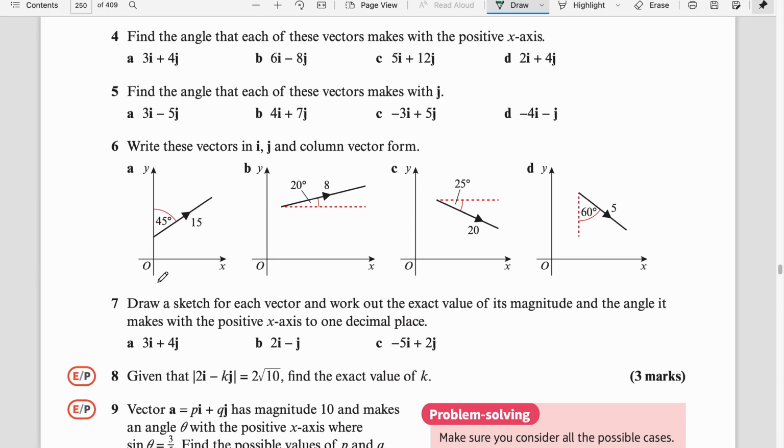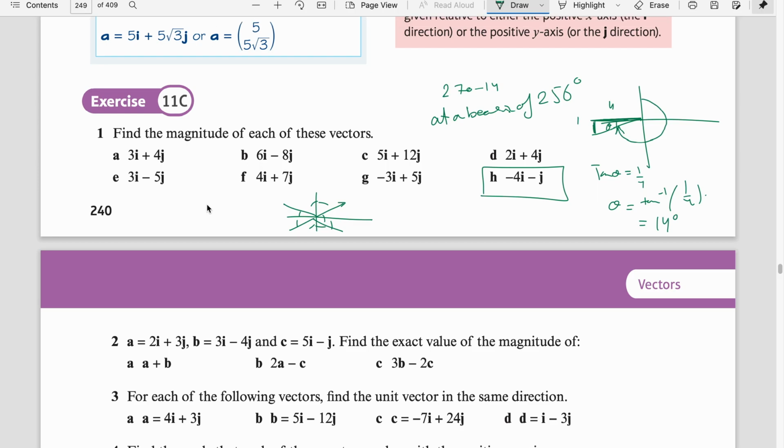Okay, now if we look at this, we will convert it into a triangle and use sine, cos, tan to find the x and y directions. That's 4, 1 over 4.